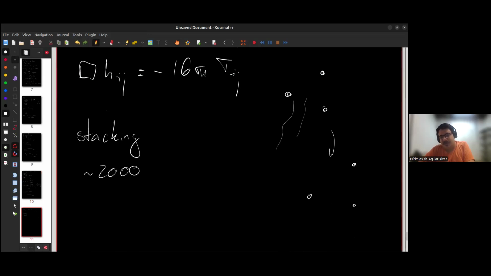But we still haven't reached 2,000 events yet. So far, we haven't seen this, and we wouldn't expect to because LIGO is not sensitive to these frequencies, and we don't have enough data on LIGO to make this stacking procedure. But it is expected that we will be able to see this on LIGO in the future or on other gravitational wave observatories on individual events.